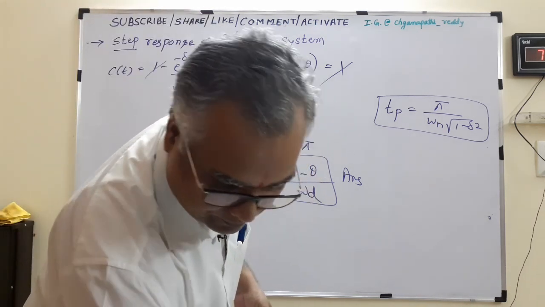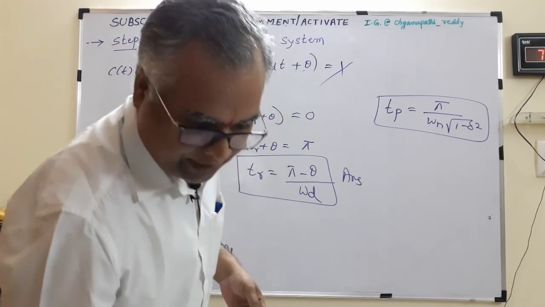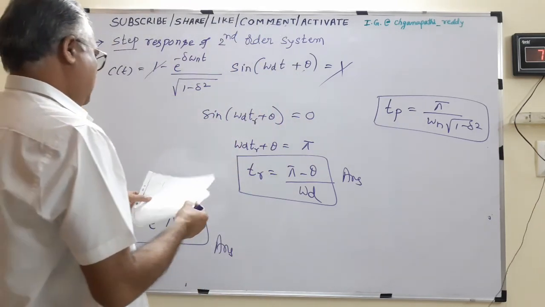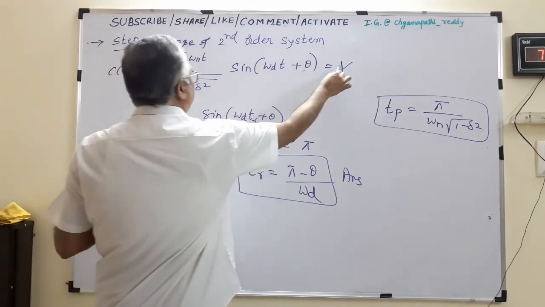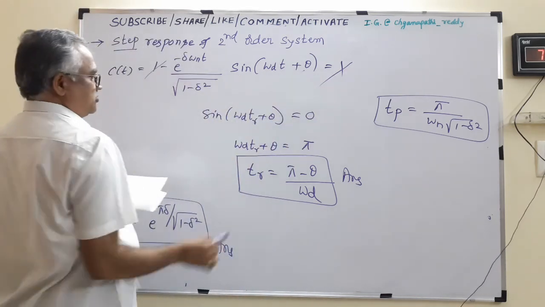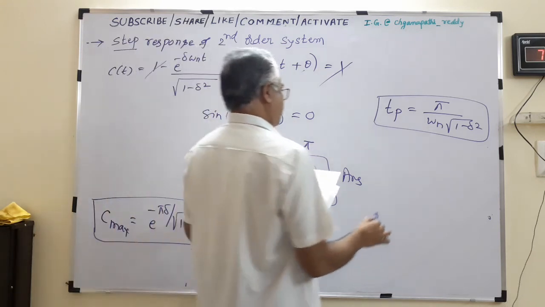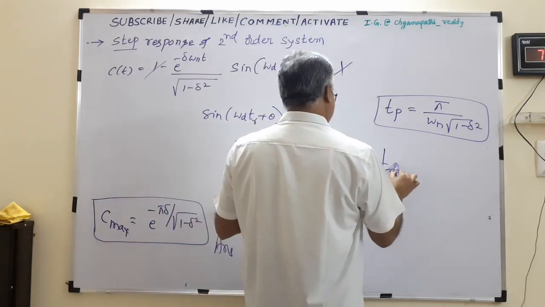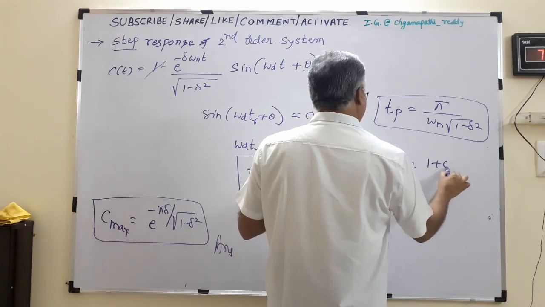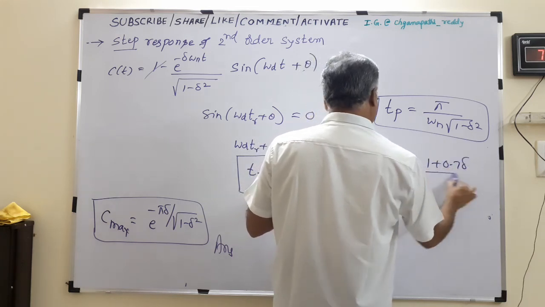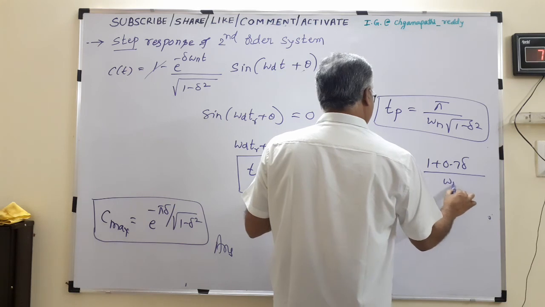There is also delay time. The delay time is equated to 50%, 0.5. So you can't solve that exactly. There is an approximation formula: approximately 1 plus 0.7 delta by omega n.